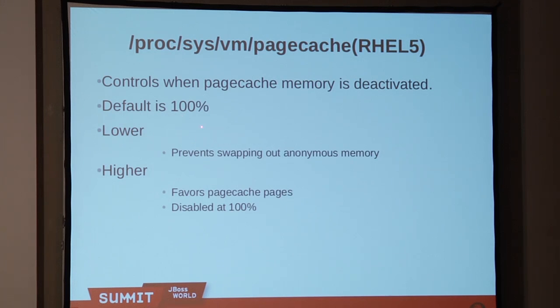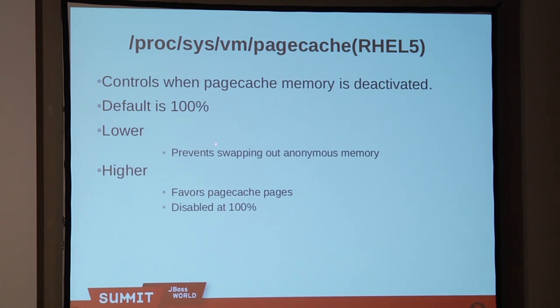So if you lower this down to say 10, this would significantly reduce the amount of swapping that was going on. So you could say, I want to keep a certain amount of memory in the page cache. It's too big of a hammer to really set to any other value besides 100 by default, because I wouldn't want to affect the average running system.